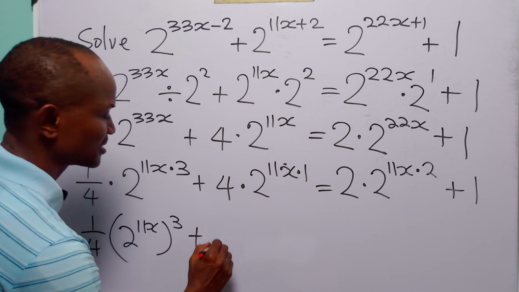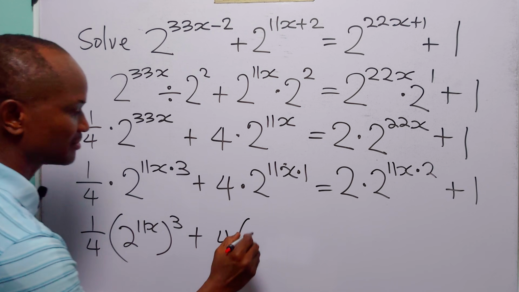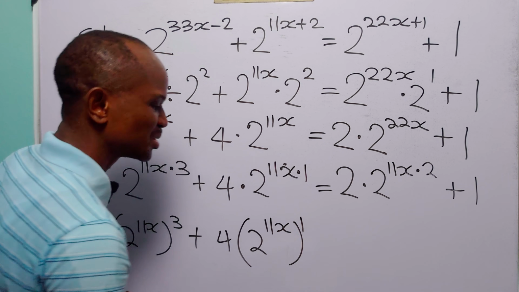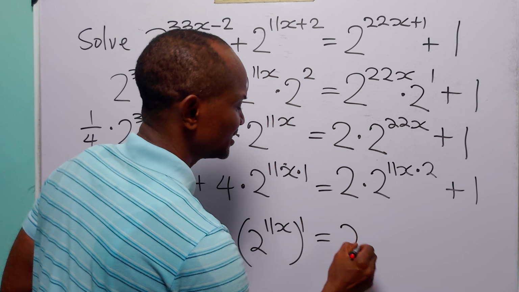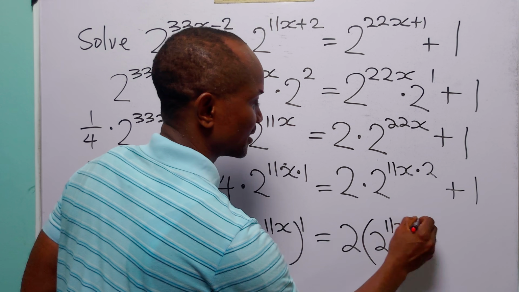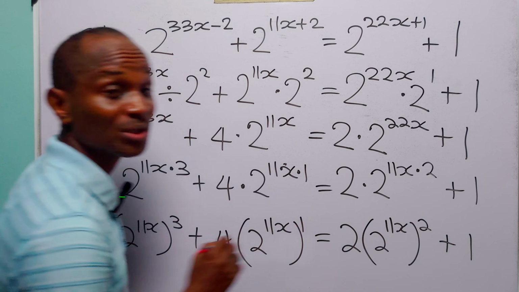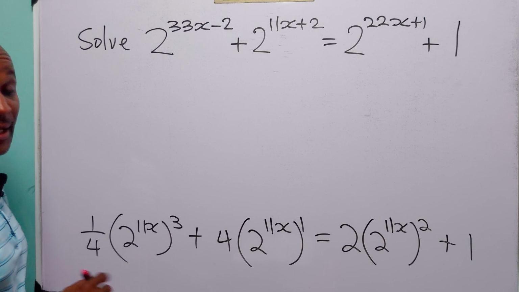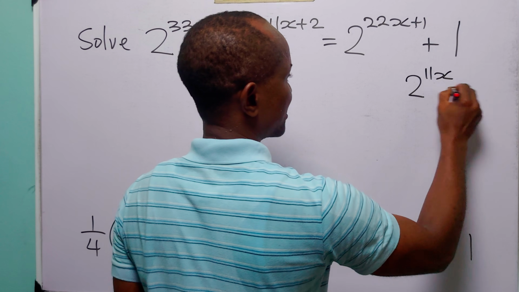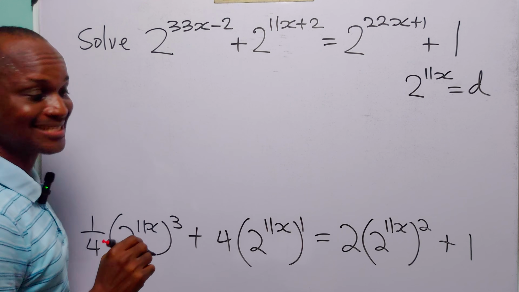Now this is plus 4 times 2 to the power 11x, all to the power 1. This is 2 times 2 to the power 11x, all squared. Then we have plus 1. Now let 2 to the power 11x be equal to the letter d.